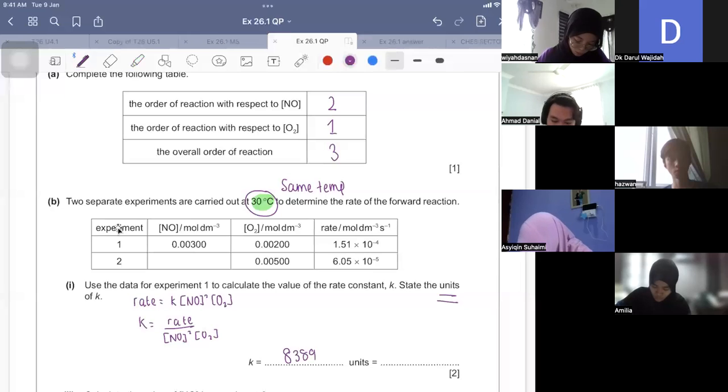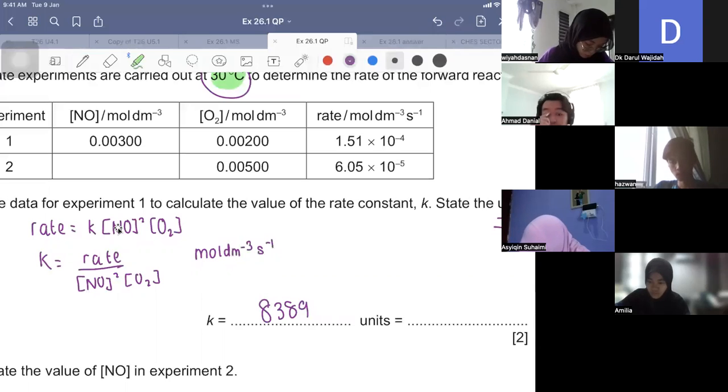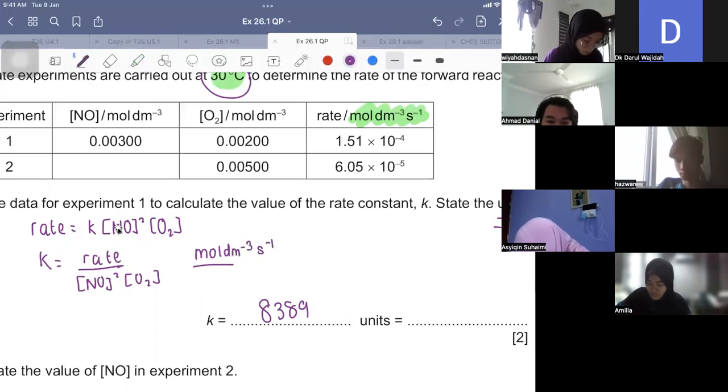To work out the units, which I'm sure you all should know how to do already. The units for rate is mole per dm cube per second. If you don't remember, try to look from the question. Most times, it is written there for you. So the units of rate is mole per dm cube per second.